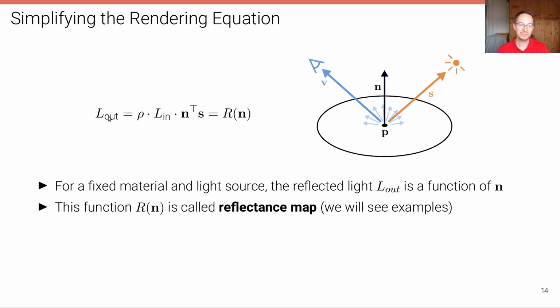So really what this term depends on is just the surface orientation. The outgoing light strength is a function of N, the surface normal.